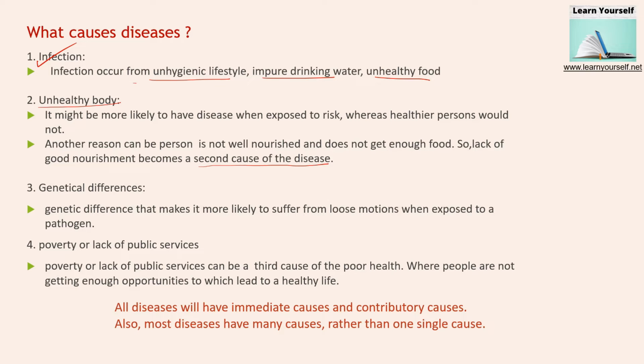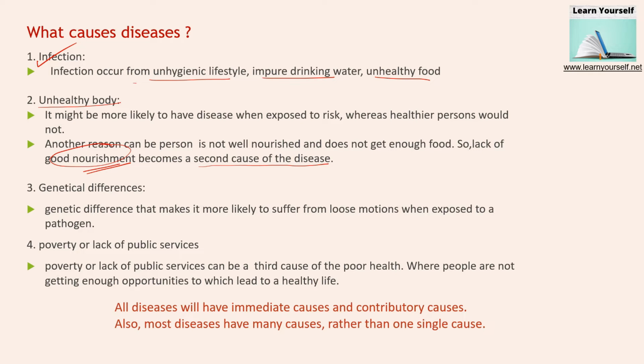But here the point is that if our body or immune system is not properly healthy, then there are more chances that we will get a disease. And how will our body have a strong immune system? By having good nourishment. If a person is not getting good nourishment, so good nourishment is very important.